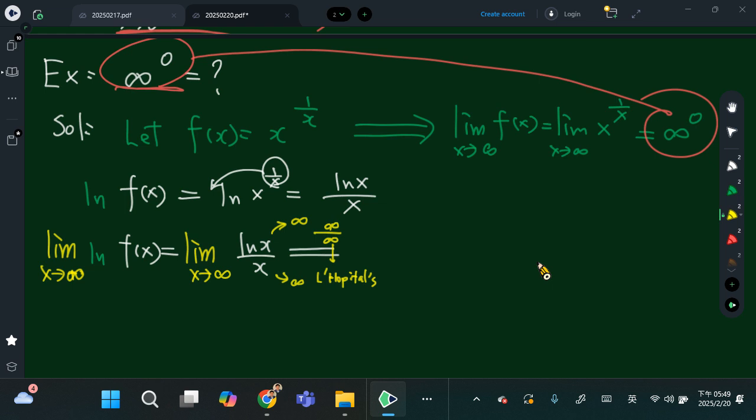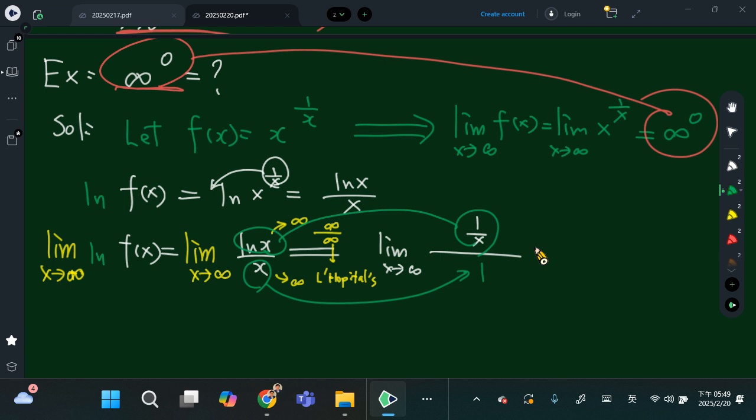Then we differentiate both functions. We differentiate and get 1 over x, we differentiate and get 1, so the answer will be 0.